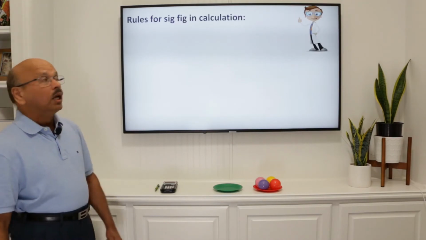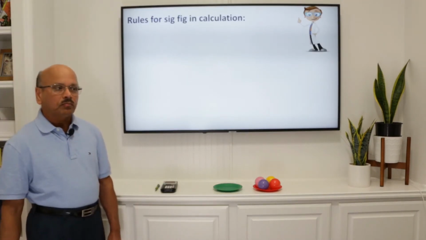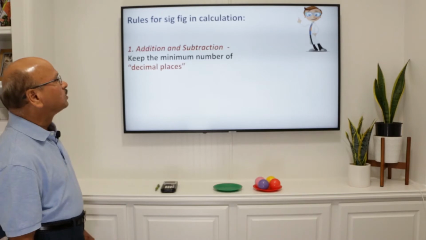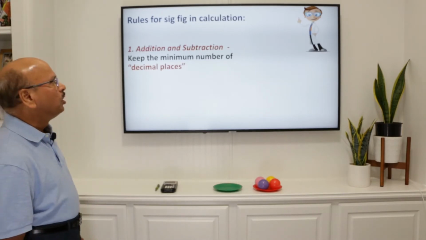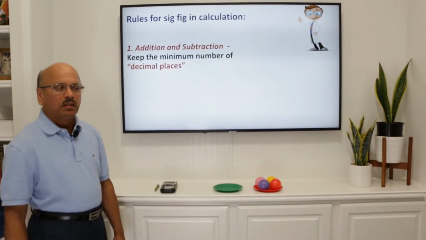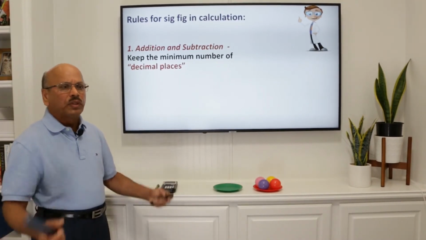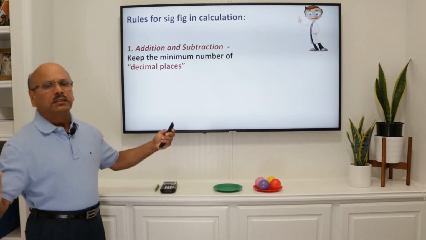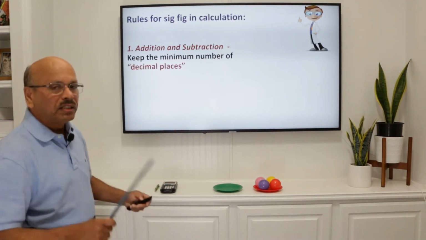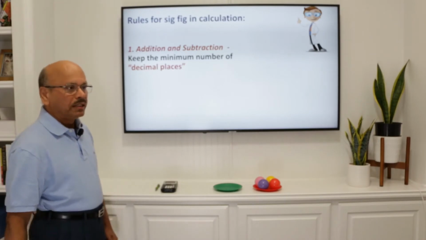Okay, now let's think about when you measure and then use that measurement in a calculation. When you calculate using a usual calculator, it can give you a number with many digits in your answer. But how many significant figures can you keep in the answer?